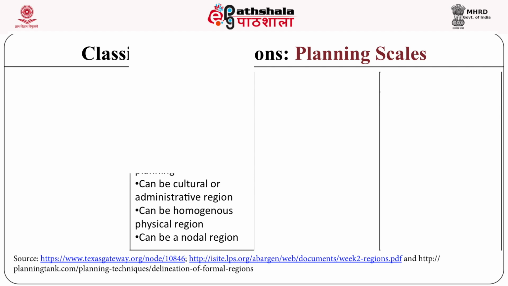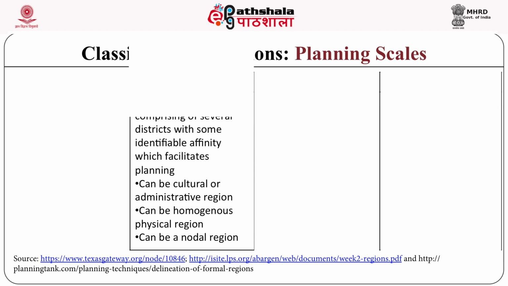A meso region comprises several districts with some identifiable affinity, and can also become a nodal region, provided the combined micro-regions or parts thereof are developed in a complementary manner. So it can be a cultural or administrative region, a homogeneous physical region, or a nodal region.